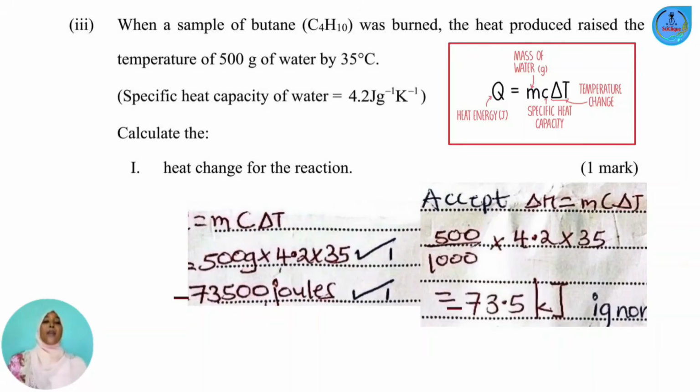So we end up having 73,500 joules. Now, at this point, some students usually convert it to kilojoules, and that is also okay. If you want to convert it to kilojoules, you can simply divide the answer by 1000, which will give you 73.5 kilojoules.